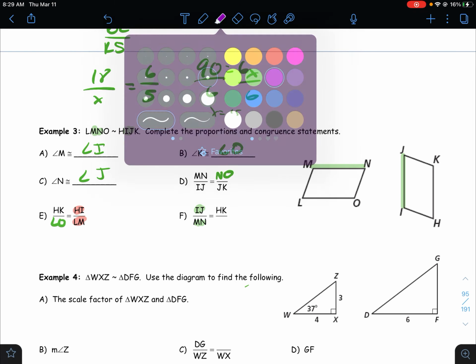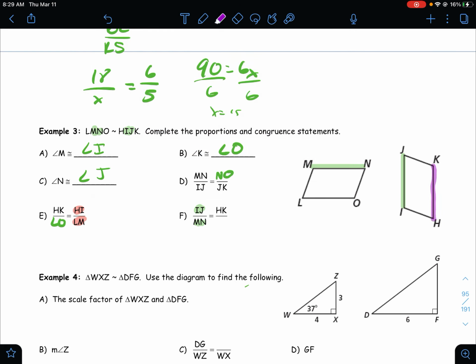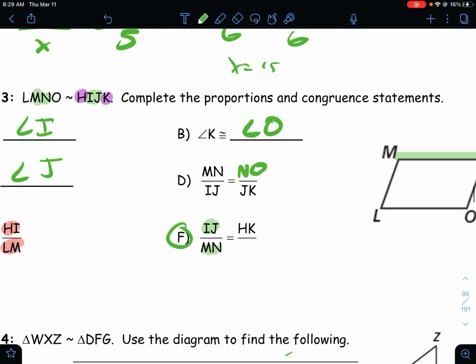Now we've got H and K. H and K are the first and the last of the second guy. So we need to figure out which letters this goes with from the first guy. So which letters should be put there? If we use the first and the last from the second guy, what letters should we be using from the first guy? We're going to be doing L and O.